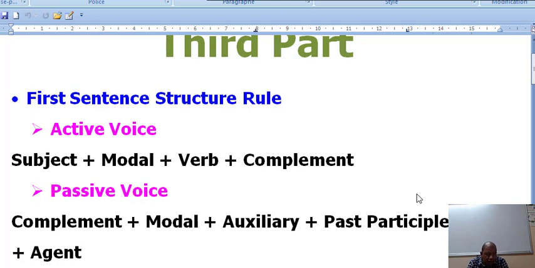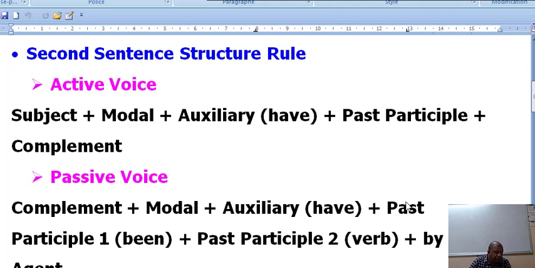This is the first one, when we have just modal plus infinitive verb. The second structure, when we have the active subject, modal, plus auxiliary, which is always have, plus past participle, and in final position, complement. We want to passivize this.